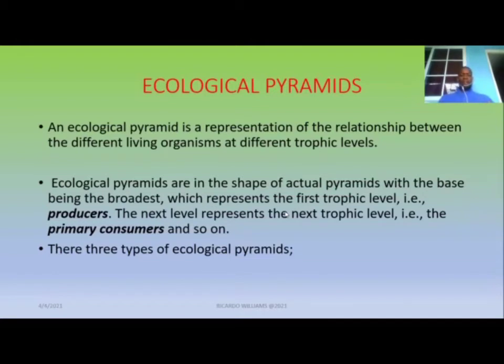So ecological pyramids are in the shapes of actual pyramids, with the base being the broadest, which represents the first trophic level, and you know that is the producers. The next trophic level is the primary consumers, and so on. So the pyramids, we draw them out in segments.